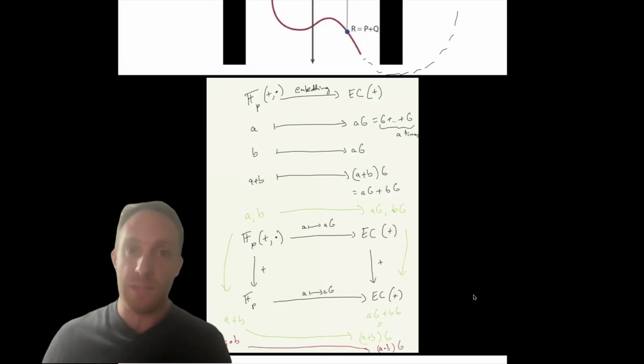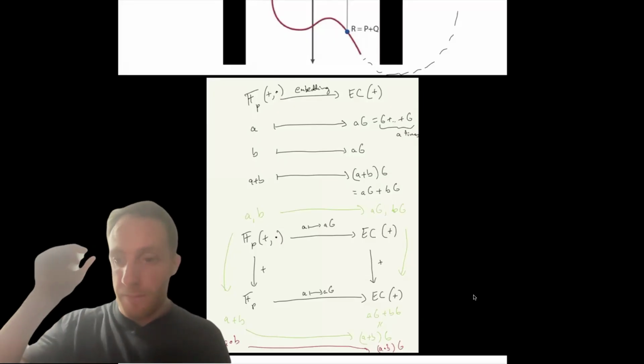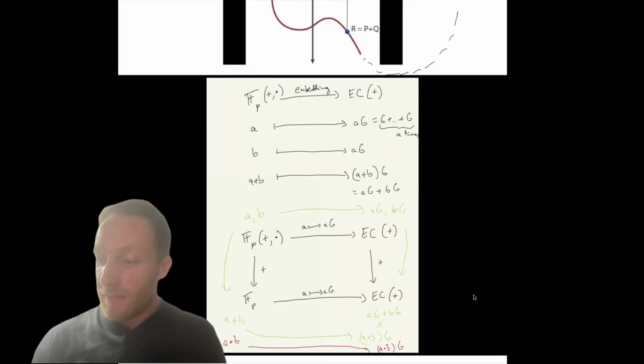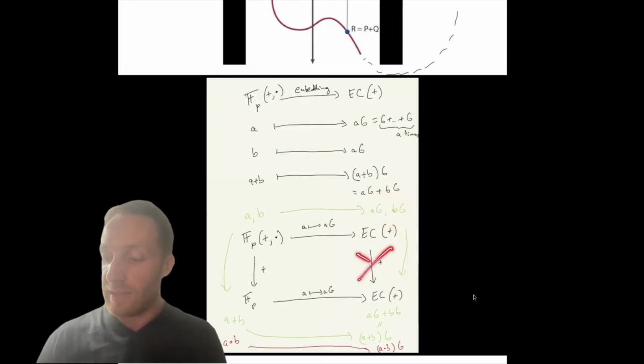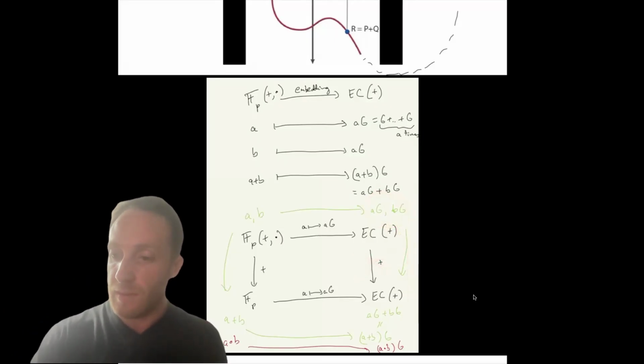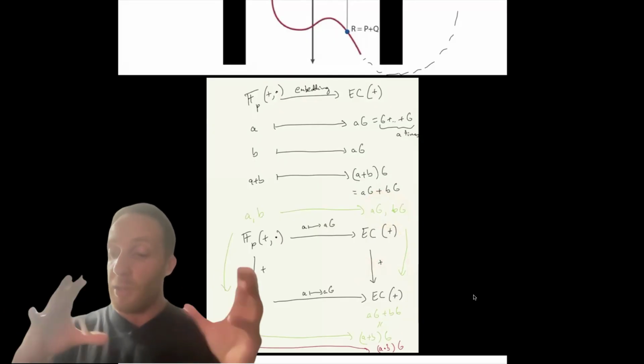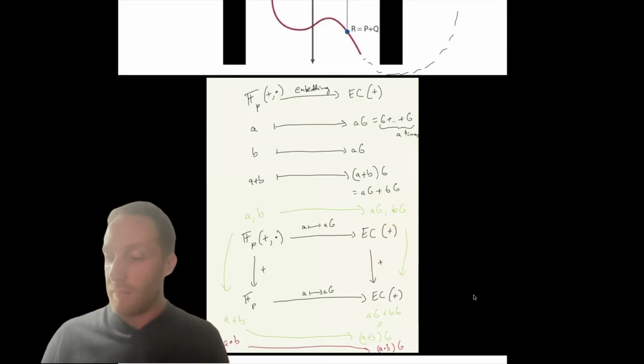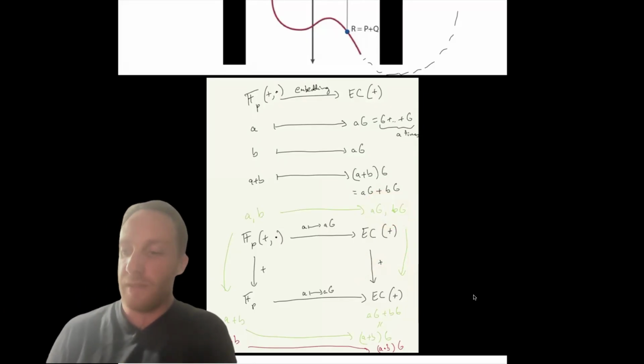This is definitely something that I can do. But if I have here AG and BG, there's just no way for me to recover A times B times G. This does not preserve the multiplicative structure of the field, namely because there's just no times operation. It just does not exist on the elliptic curve.